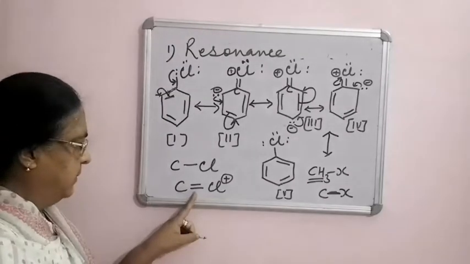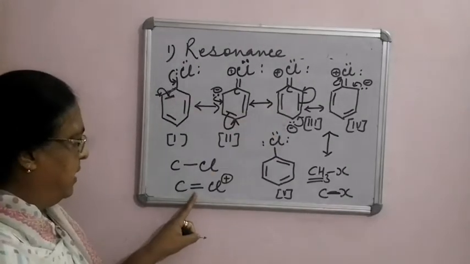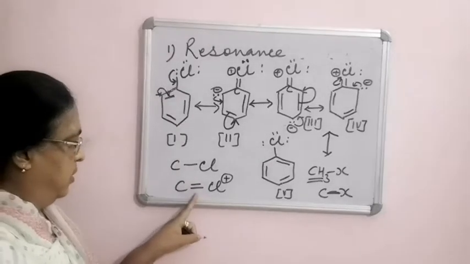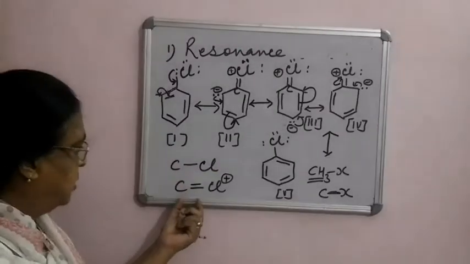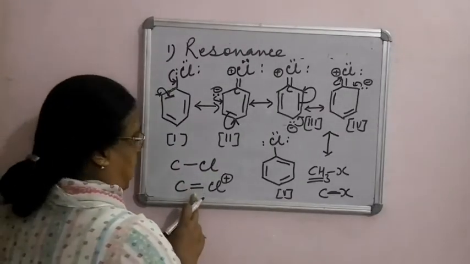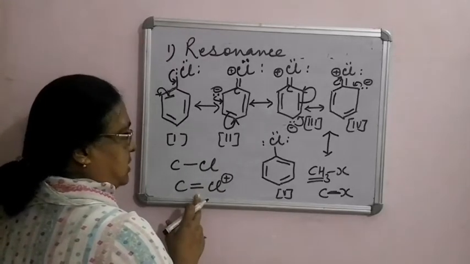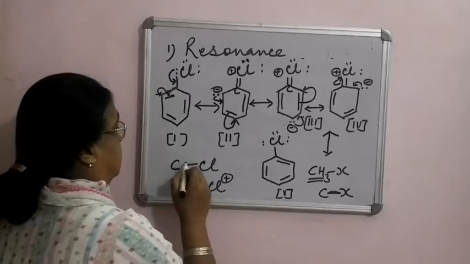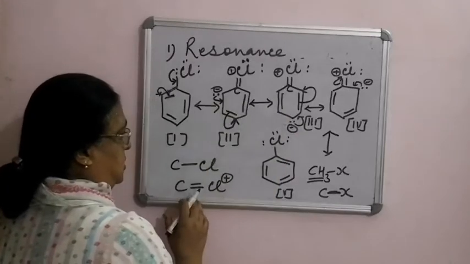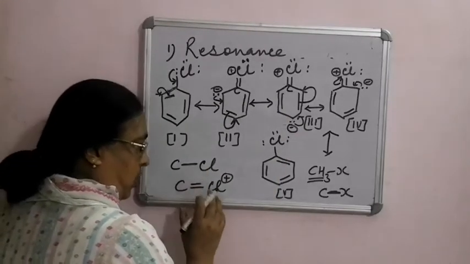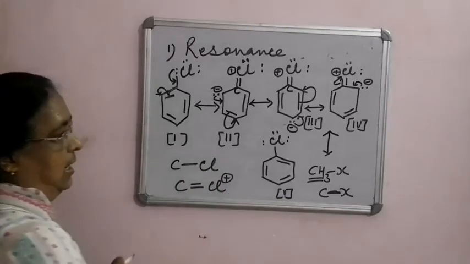Here it has double bond characteristic most of the time, and you know that a double bond is not as long as a single bond. So the bond length is decreased. Once the bond length is decreased, the strength is increased, and when the strength is increased, the stability is increased. So this carbon-chlorine bond in chlorobenzene, because of this resonance structure, is more stable than the carbon-halogen bond in alkyl halide.